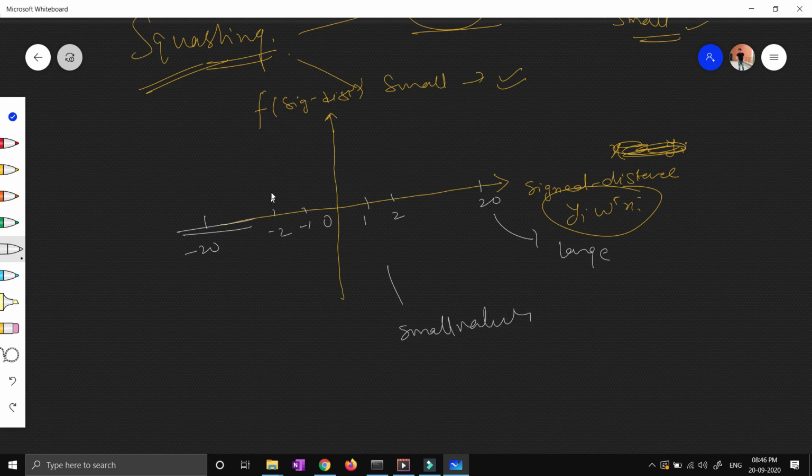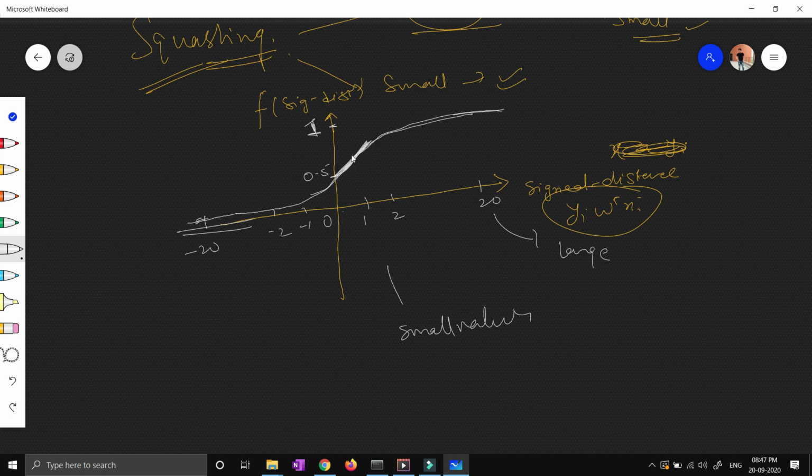Now if somehow I am able to achieve the signed distance in this way, where my maximum value goes up to 1, my middle value goes to 0.5, and this value is 0, then for smaller values my function of signed distance will remain linear.